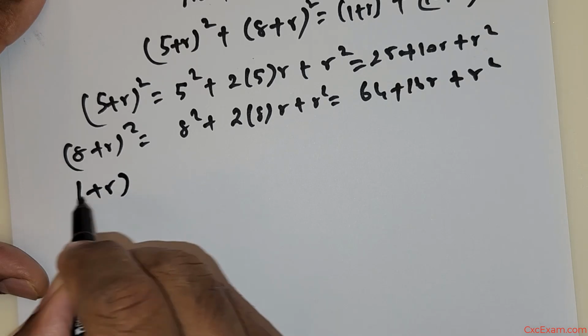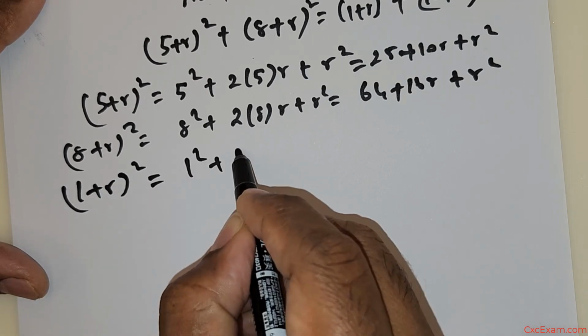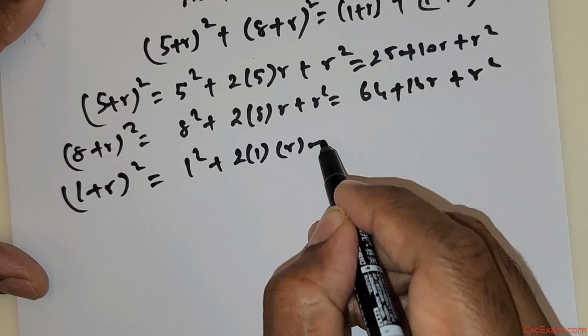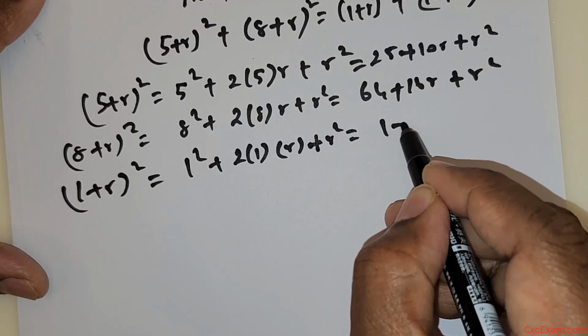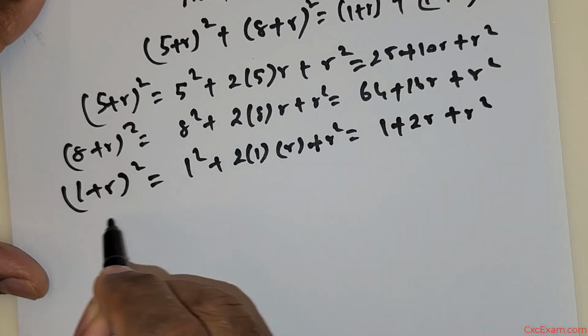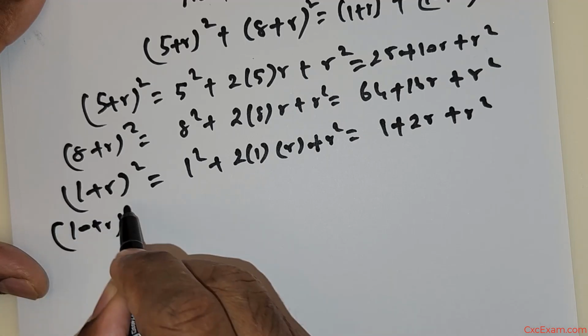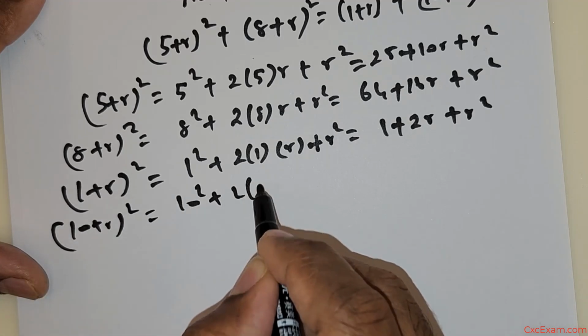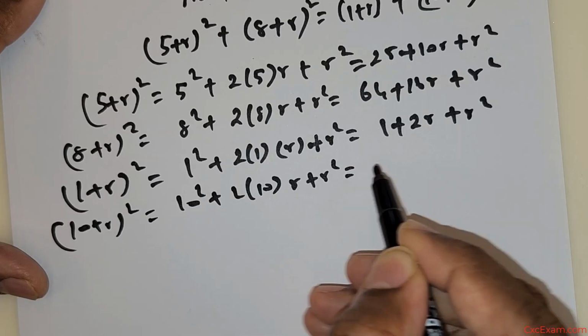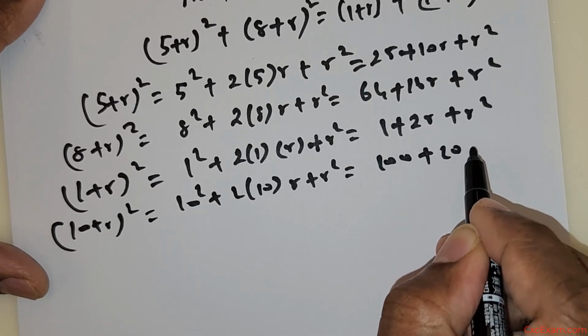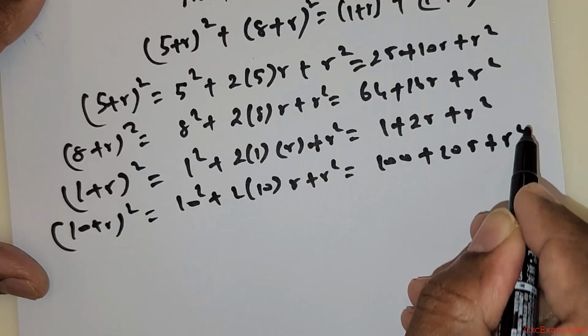And (1 + R) the whole squared is 1 squared plus 2 times 1 times R plus R squared, which is 1 + 2R + R squared. (10 + R) the whole squared is 10 squared plus 2 times 10 times R plus R squared, which is 100 + 20R + R squared.